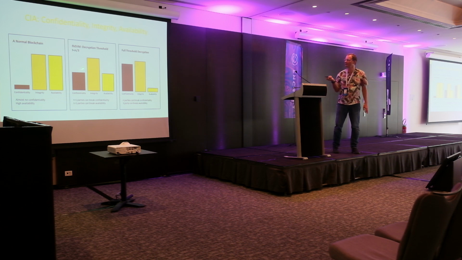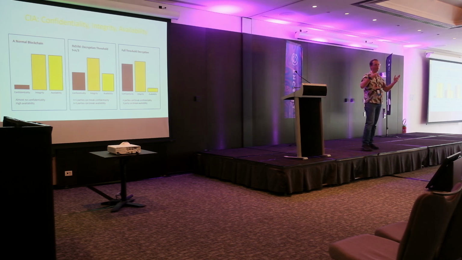So this is what we get, and if you dial t too high, you get this. So there's a trade-off, and we thought that t equals n/3 gives us a really good trade-off in terms of availability, because it means every protocol is robust.